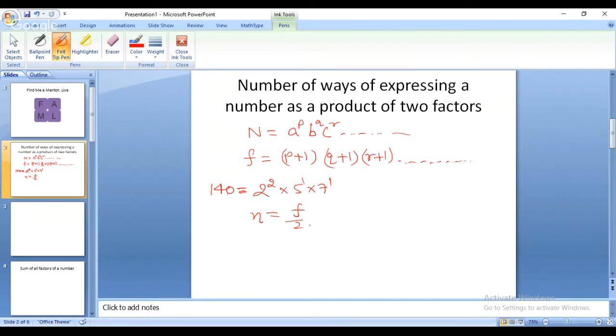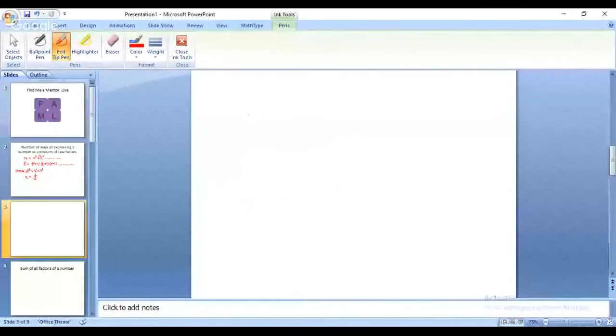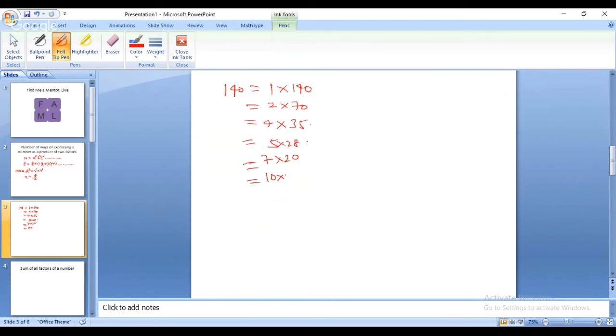Let's find the formula through derivation. 140 can be written as a product of two factors in these forms: 2 into 70, 4 into 35, 5 into 28, 7 into 20, and 10 into 14.